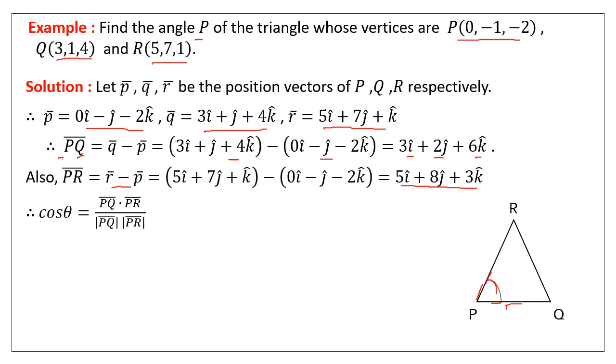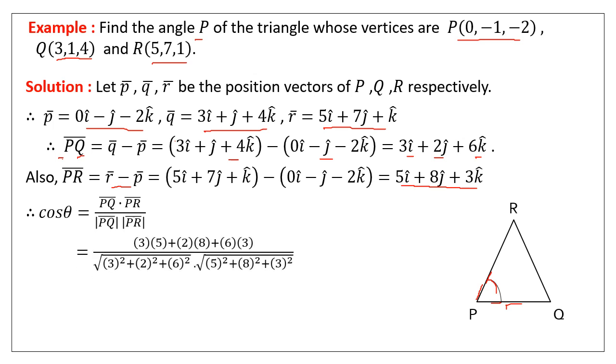Now PQ bar dot PR bar gives us a1 a2 plus b1 b2 plus c1 c2 upon square root of a1 square plus b1 square plus c1 square into square root of a2 square plus b2 square plus c2 square.